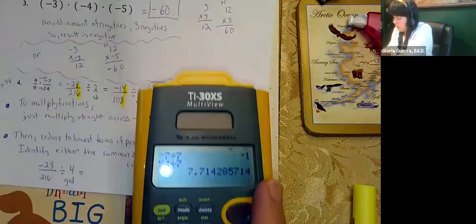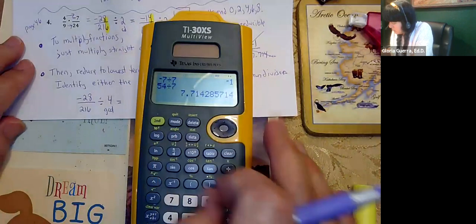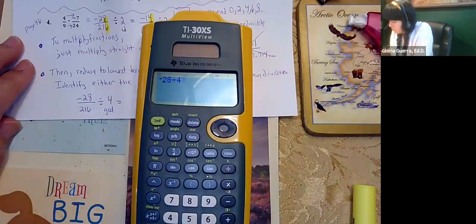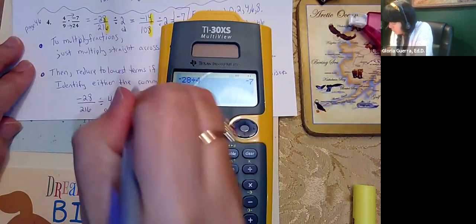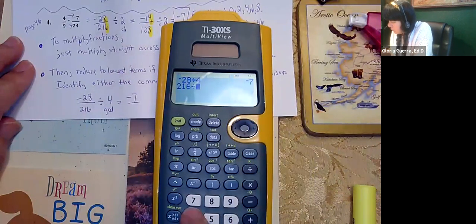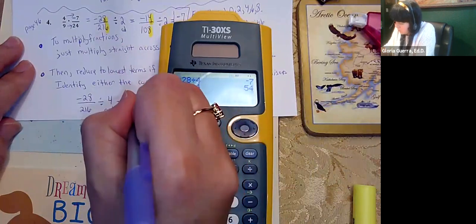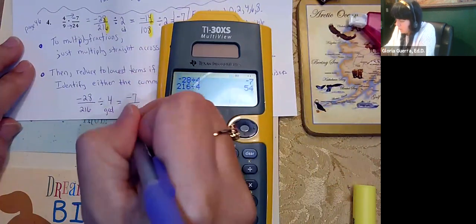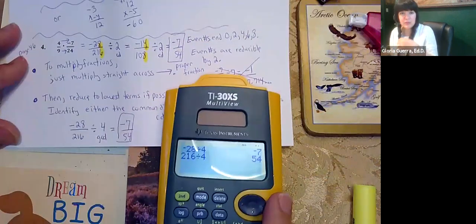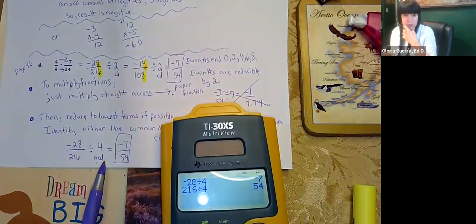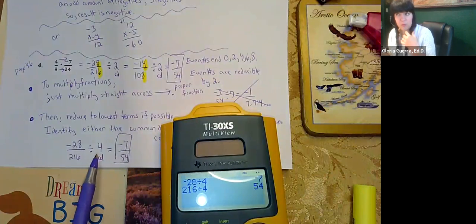Okay. Negative 28 divided by 4 is negative 7, and 216 divided by 4 is 54. See how you get the same answer, but a little bit faster. But that's a little bit harder for people to see. Sometimes it's hard to see what the greatest common divisor is.